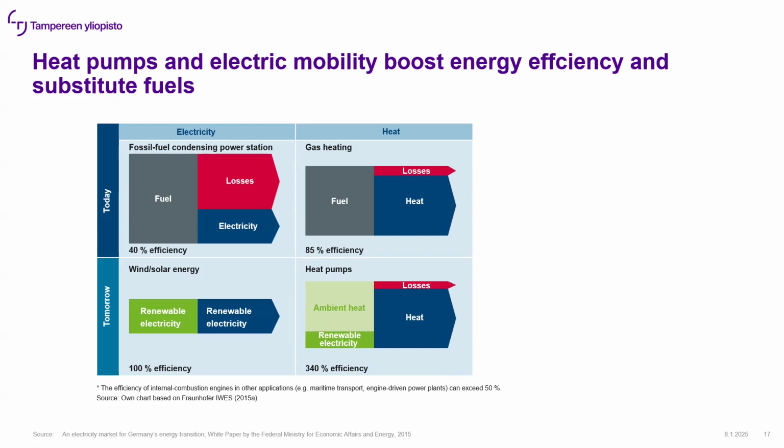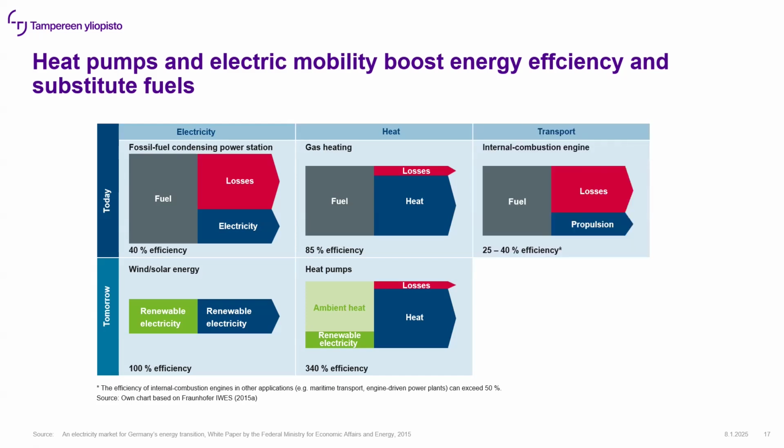So compared to gas heating, you can use heat pumps. So from ambient heat, you can extract the heat. And again, you don't have to use so much primary energy. So that's why heat pump is a really good system. But it's less affordable. So it makes the system less affordable. And there are more moving parts again.